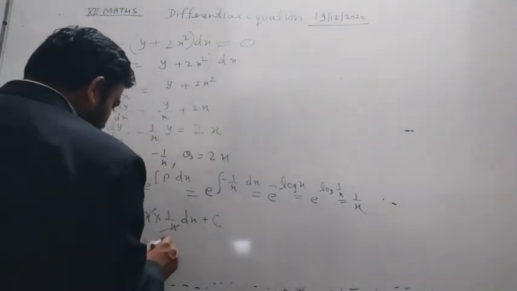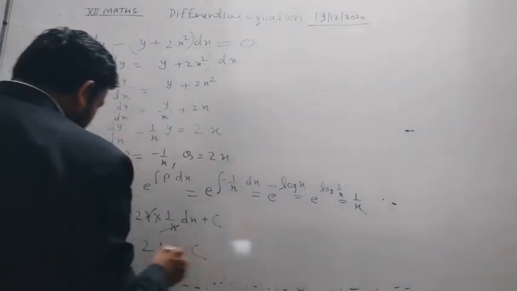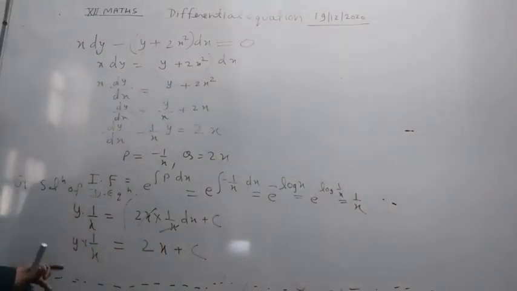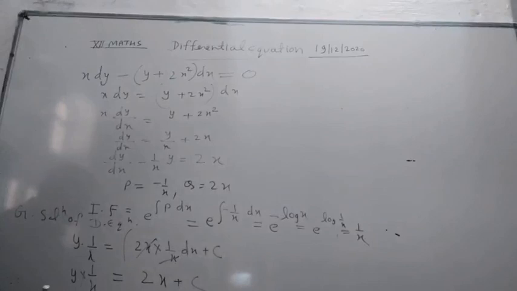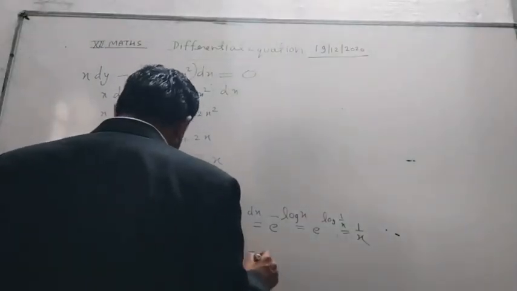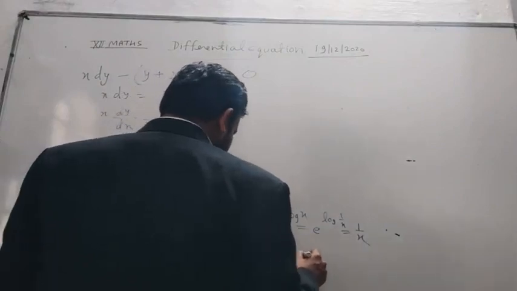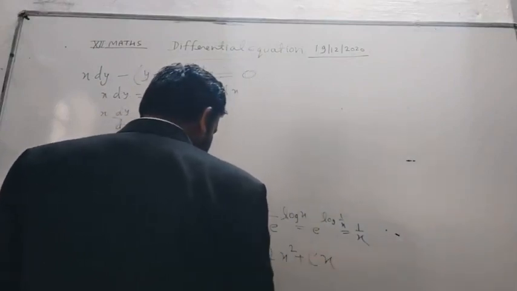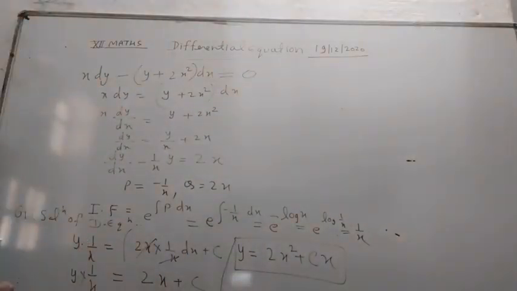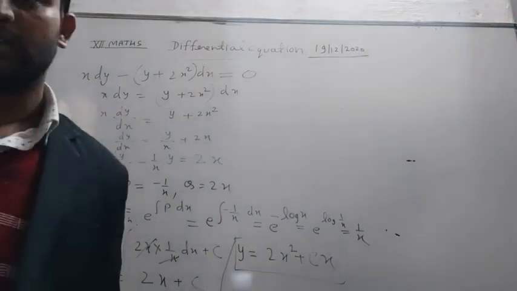So this is 2x plus c. So y into 1 by x is equal to 2x plus c. Okay, now send this x to the right hand side. So we write y is 2x square plus cx, and this will be our general solution of this differential equation. I hope you understand, students.